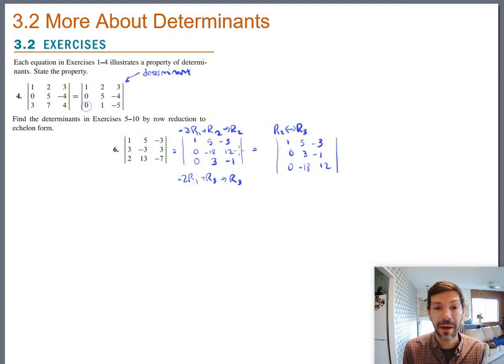And keep in mind now the determinant of this is not equal to the determinant of this because I swapped 2 rows. Now it's the negative determinant of this. And it looks like the last thing I need to do to finish putting it in echelon form is I need to do 6 of row 2 added to row 3.